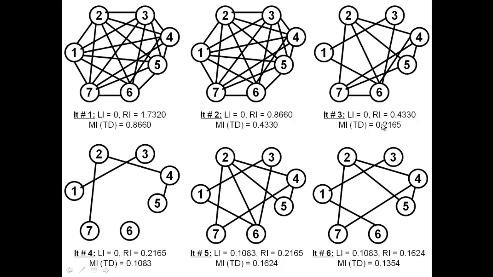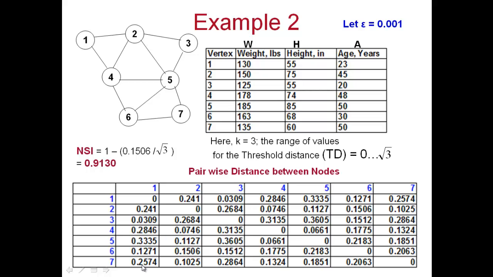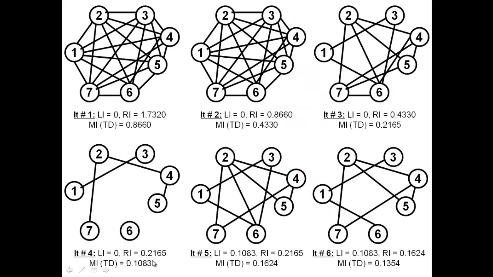So use the right index. Set the right index to be 0.2165, and the new middle index is 0.1083. So now use this as a threshold distance and check what node pairs have a distance that is greater than 0.1083 and remove the edges from this graph.